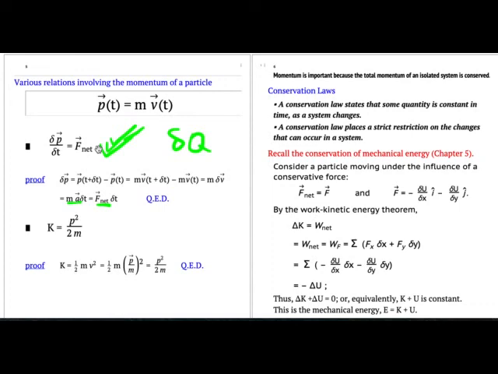Newton said the rate of change of momentum, I don't think he used the word momentum. I don't know who invented the word momentum. It wasn't Newton, but it was Newton who invented the concept of mass times velocity. Somebody invented the word momentum, so what we say now is the rate of change of momentum is the net force. And Newton wrote the equivalent of that in his book. Of course, his book was written in Latin, so I can't write down exactly what he said.